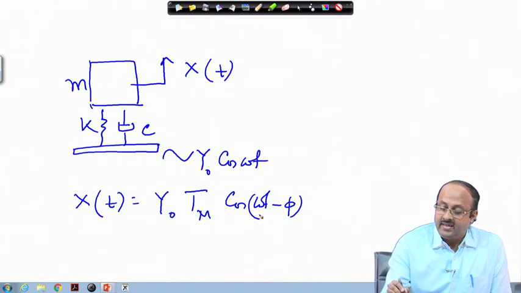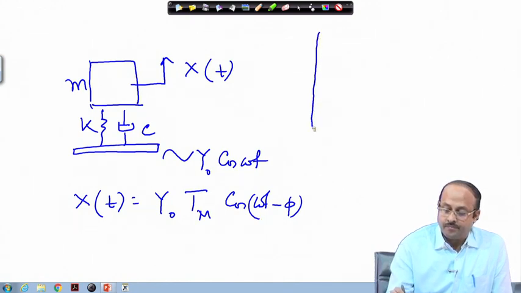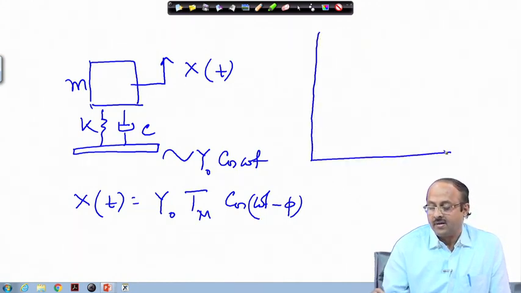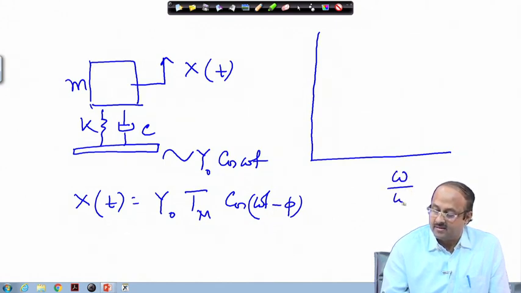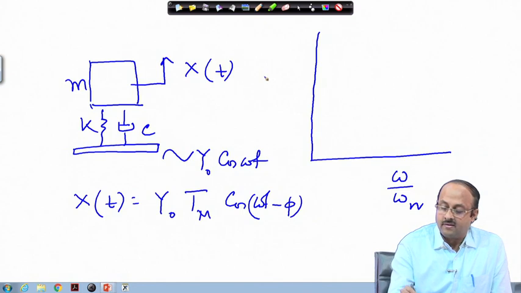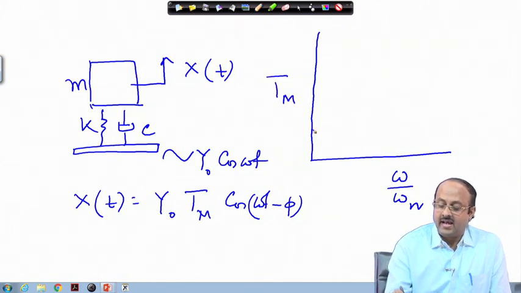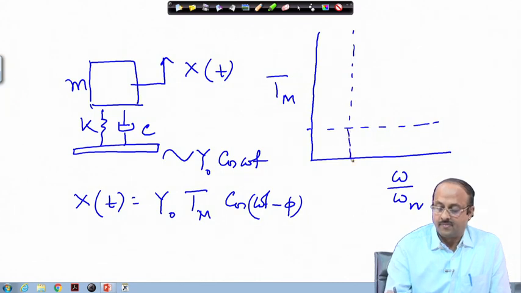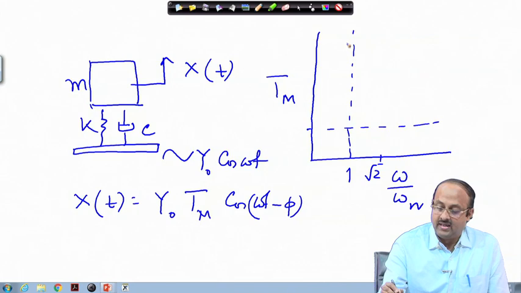Now, again T m will be looking the same as T f, because the system is linear.